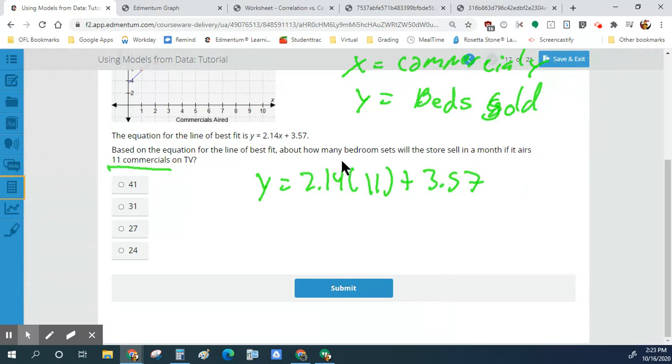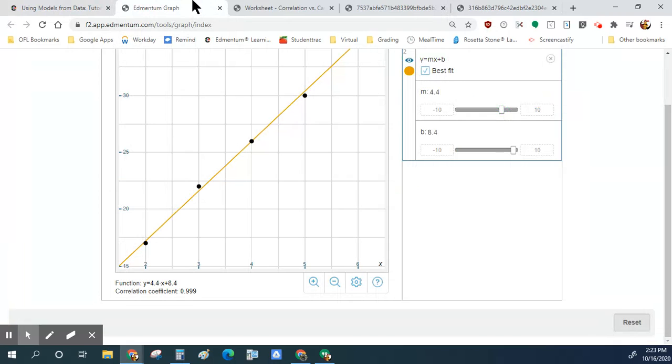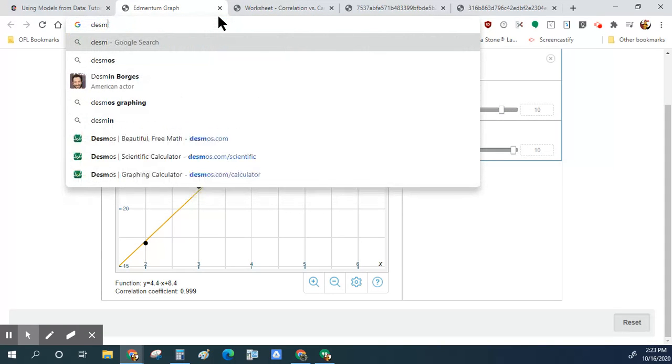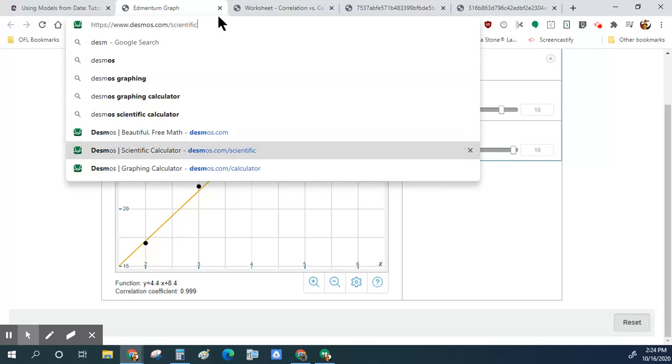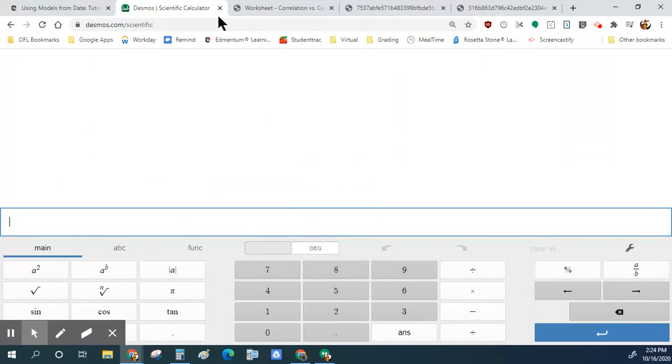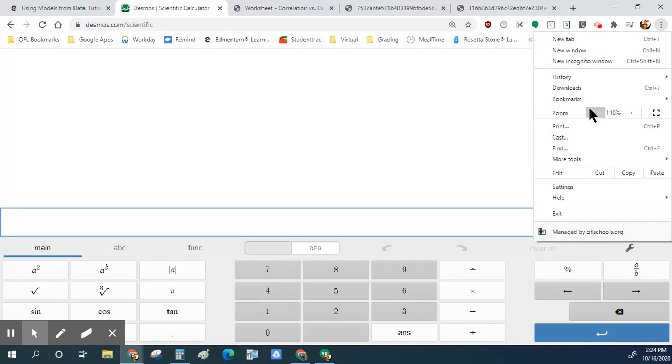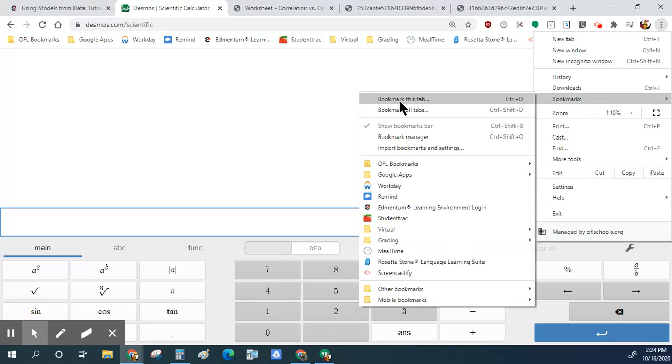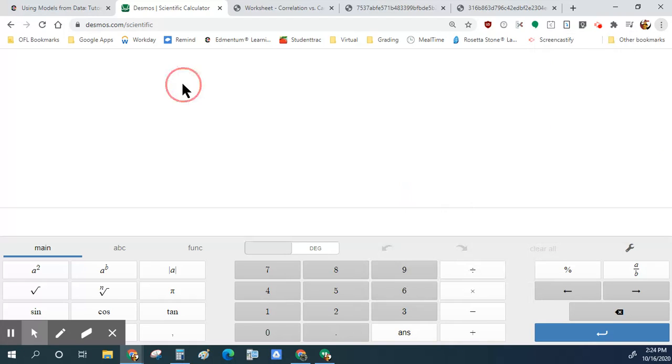What I recommend, and I started recommending this for all my classes, I know I always recommended the Google calculator, but there's a new calculator in town now that I know how to use it, and that's the Desmos Scientific Calculator. Bookmark this. Go into your Chrome, hit this, and bookmark this tab. This will allow you to have it for later use.